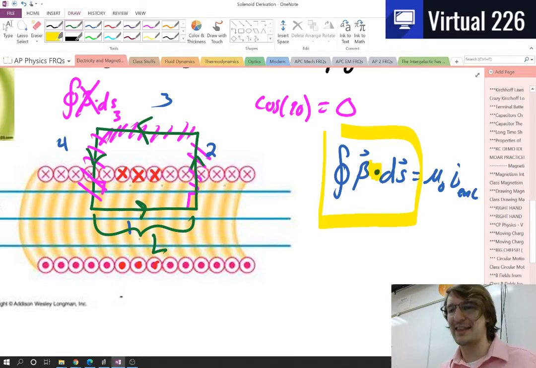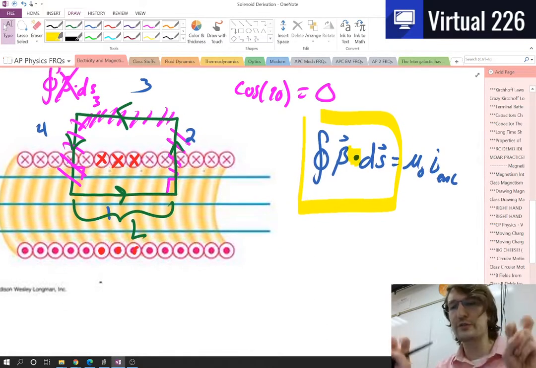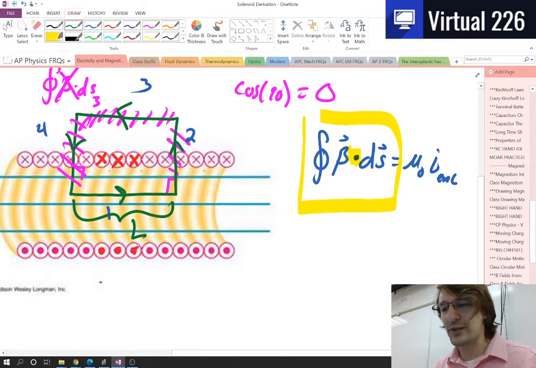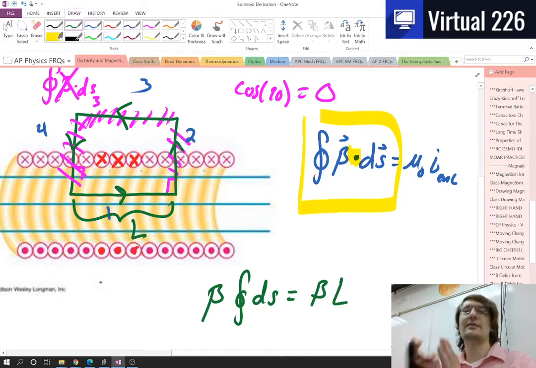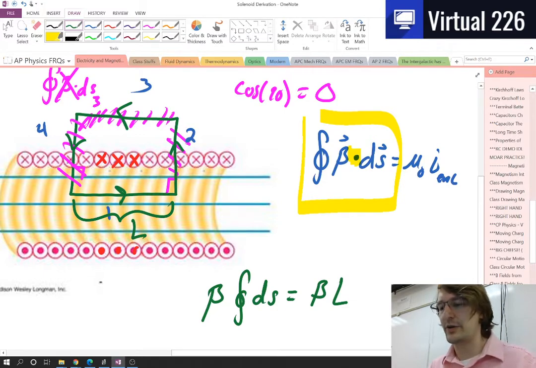I'm just going to get a length out of it again. So our closed path integral here is really just a B field and then ds of this length you have. So we're just going to get BL out of this, where L is the length of your solenoid.